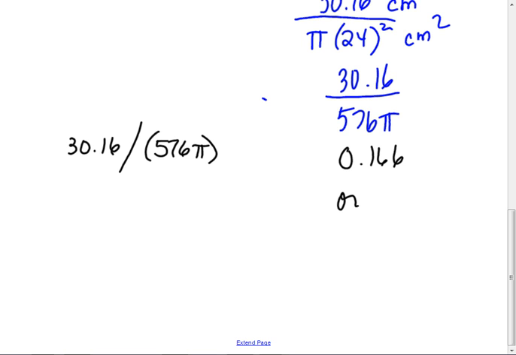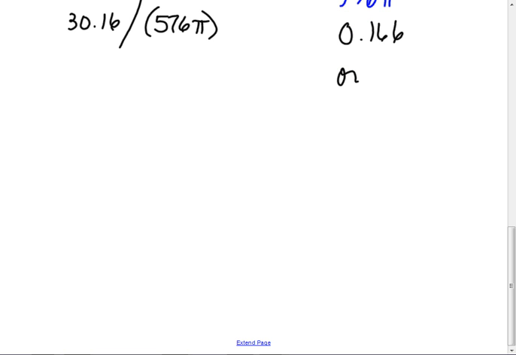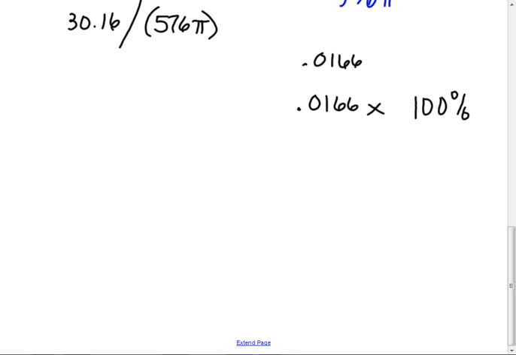You guys know how to change any number to a percent? You multiply by 100%. Okay, let's start again. 0.0166. To change that to a percent, any number, I don't care what number it is, you multiply by 100%, because 100% is 1.